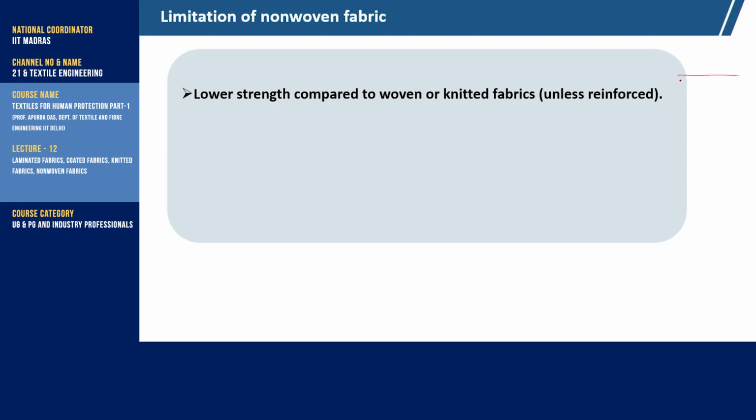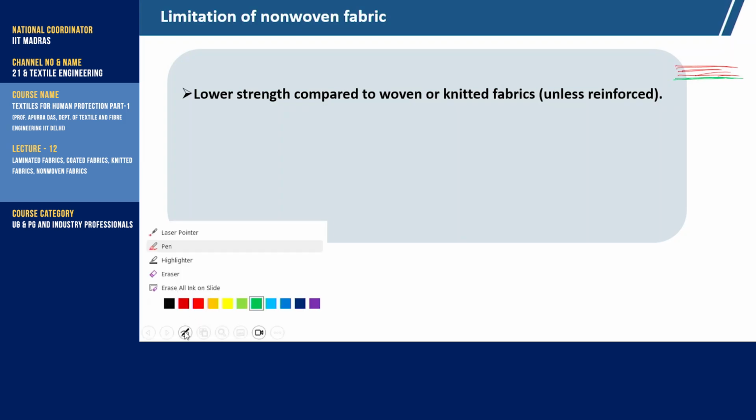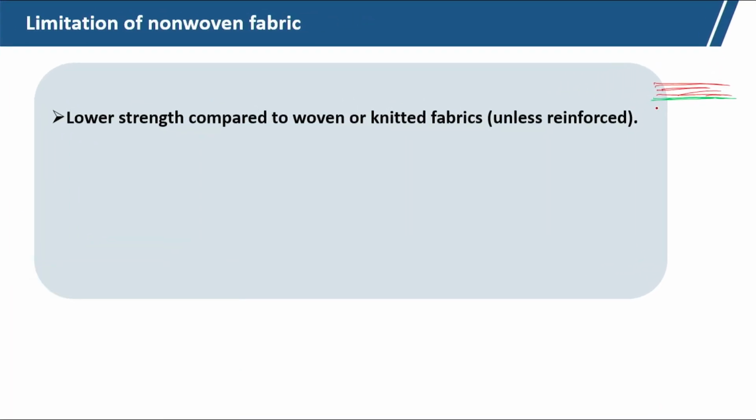Like this is the nonwoven fabric layer, and we add one scrim of woven fabric, a very open structure woven fabric, and in between another nonwoven fabric. So, there we can enhance the strength.